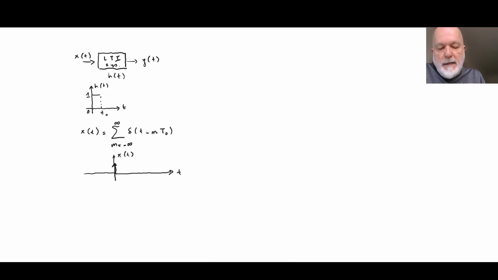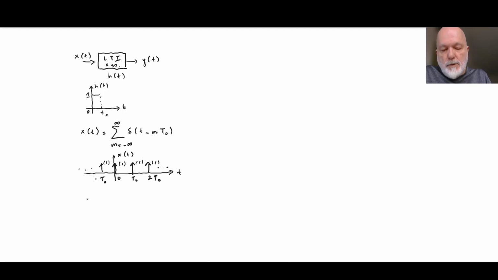We have impulses at 0, T0, 2T0, etc., and minus T0 on the negative part of the horizontal axis. Each impulse has strength equal to 1, in other words, the area under the impulse.